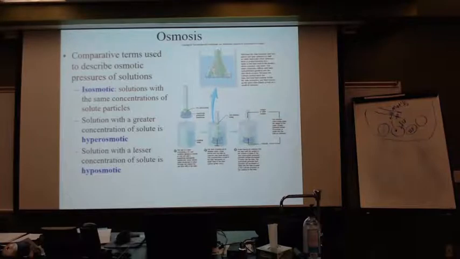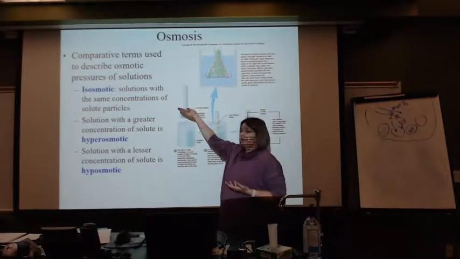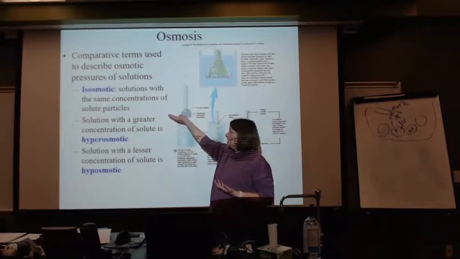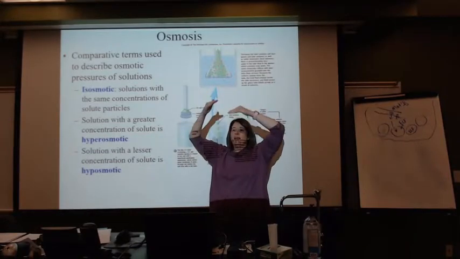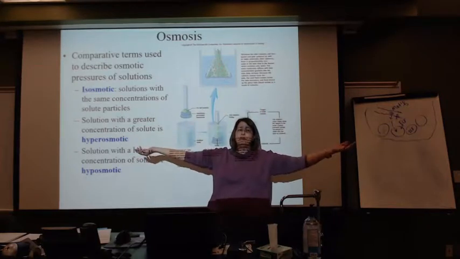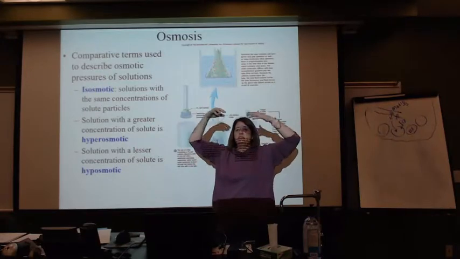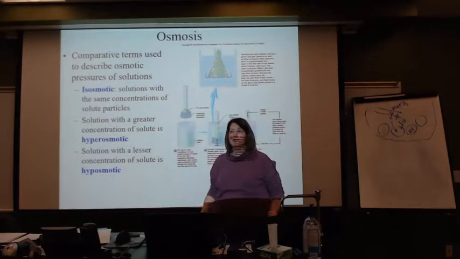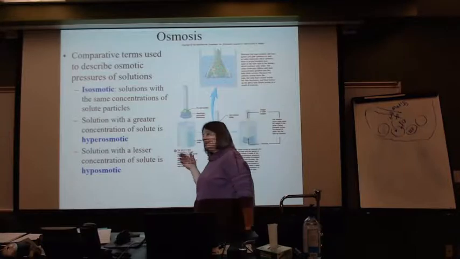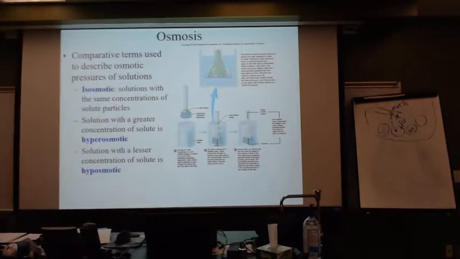So, if we get to have isotonic conditions, materials are simply doing this number back and forth, back and forth. The cell is happy, the tissue is happy, blood is happy, okay? And there's no pressure on any of those cells. Any situation other than this puts the pressure on the cell, and the cell can die.